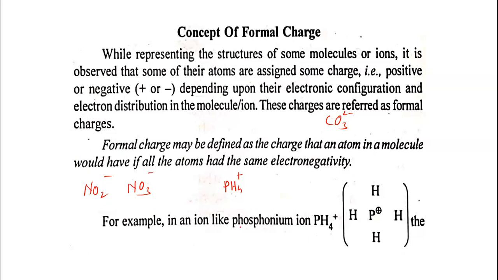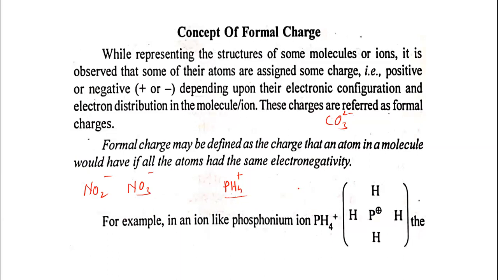So formal charge may be defined as the charge that an atom in a molecule would have if all the atoms had the same electronegativity. In this case, carbon is the central atom, and the 3 oxygen atoms have the same electronegativity. In phosphonium, the 4 hydrogen atoms have the same electronegativity.